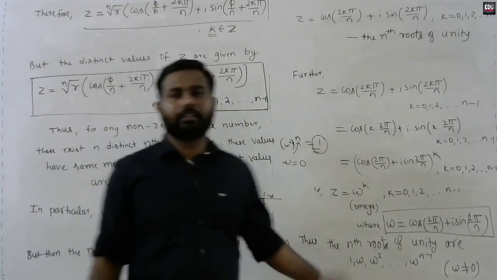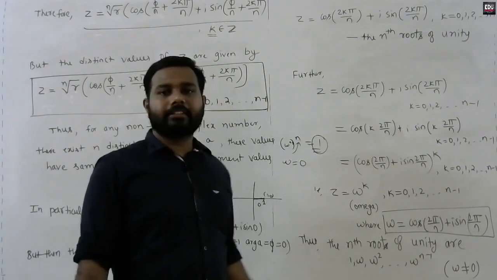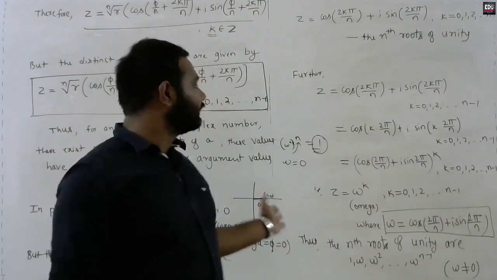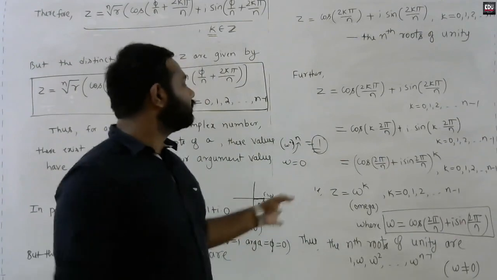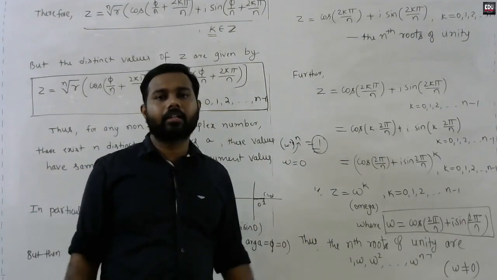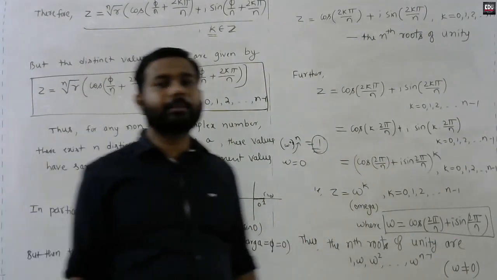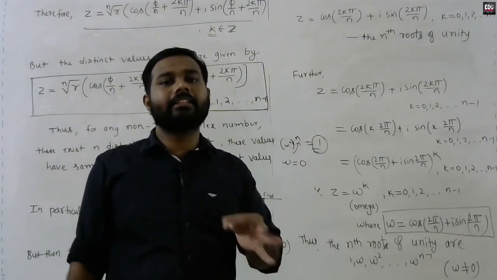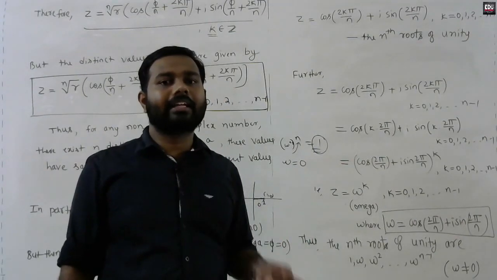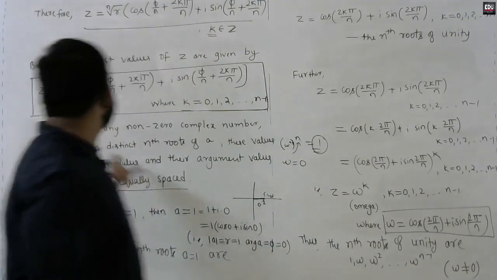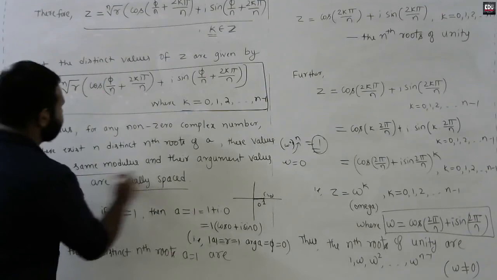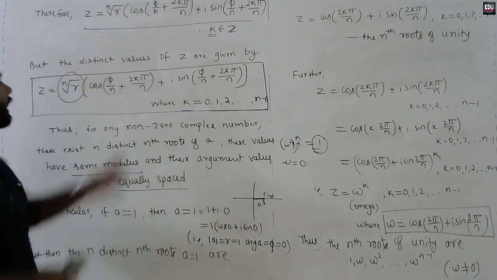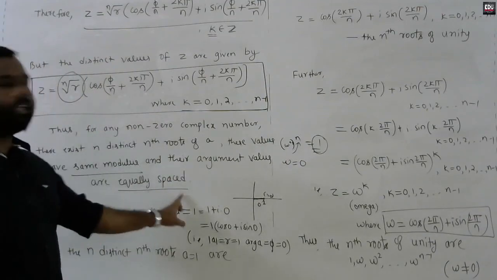And with this, the session gets completed. In this session, we started with nth roots of a complex number. For any non-zero complex number, there are n distinct nth roots. All those values have the same modulus, and their arguments are placed equally.